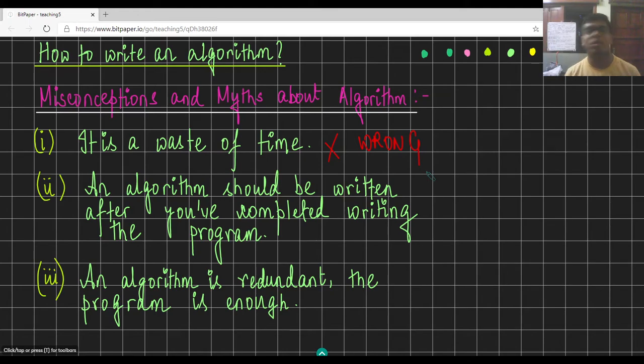Now, moving on to the second misconception that students usually have about algorithms. An algorithm should be written after you have finished writing the program. No, absolutely not. This is a very big misconception. That's absolutely wrong. You should plan first and execute later. And if you do the opposite, you're bound to be doomed.